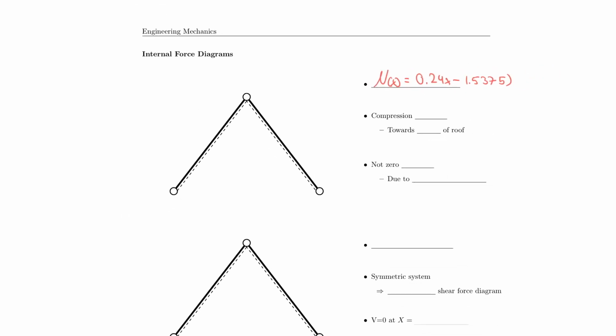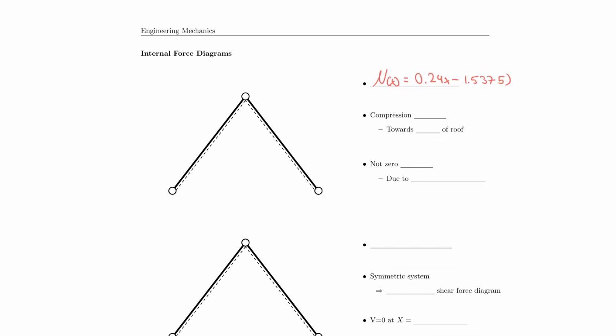And it's very similar to what we had before, right? First of all, it's also in kilonewton, but also it's compression throughout the entire roof, and it's increasing towards the bottom.